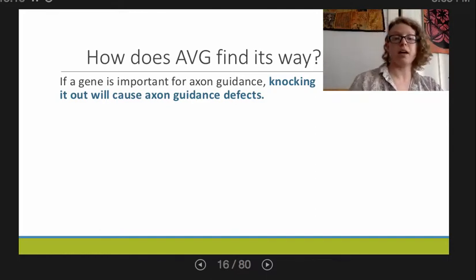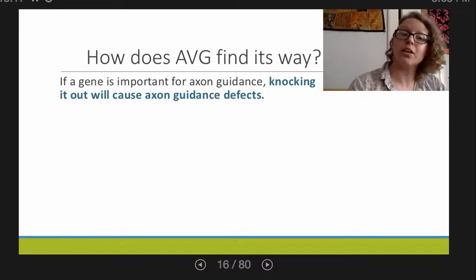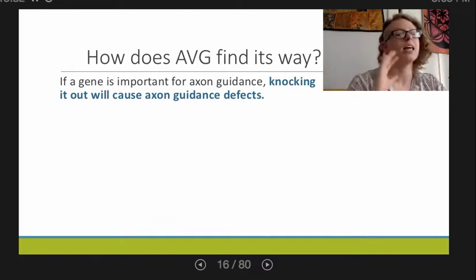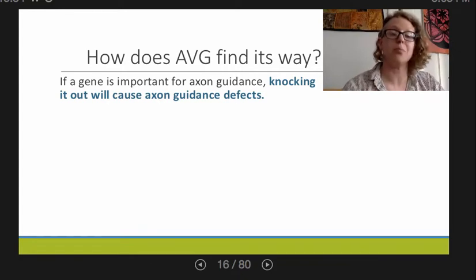And by knocking it out, I mean causing a mutation in that gene, or causing a null allele or a deletion allele in that gene. And that will result in messing up the process that that gene was in control of and helping before. Without it, that's not going to be helpful. It's not going to be able to do its job. And we're going to see the effects of it not showing up for work, essentially.